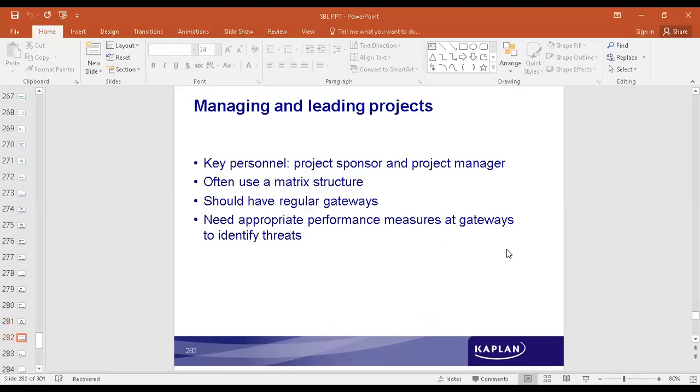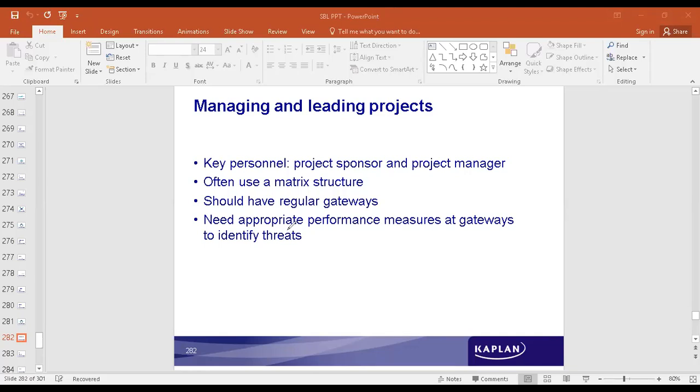So, managing and leading projects. The project sponsor and project manager are the key personnel who look into the work. They often use a matrix structure, should have regular gateways, and need appropriate performance measures at gateways to identify if there are any threats. That is, from time to time there should be a review of how the project is being implemented, which is another important thing.